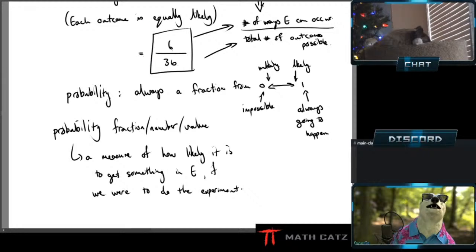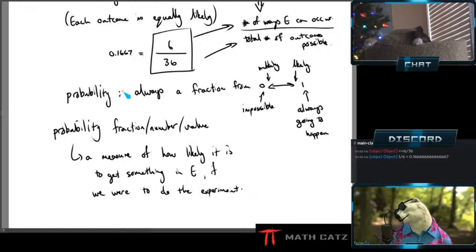Let's do it in the chat so we have something to look at. 6 divided by 36. It's not the hardest thing ever. I get 0.1667 if I round to 4 decimal places. So this is fairly close to 0.